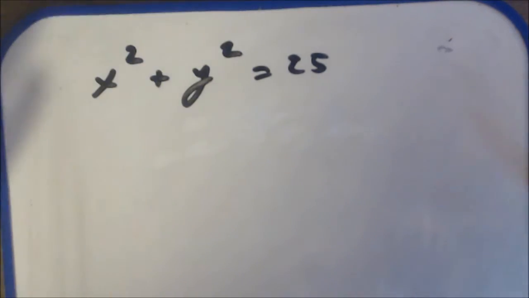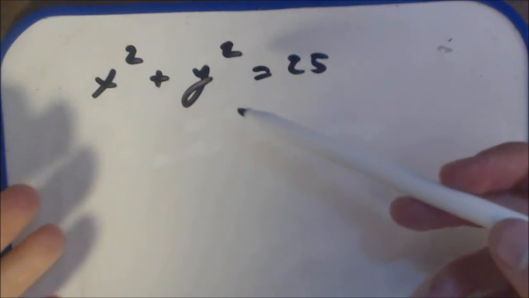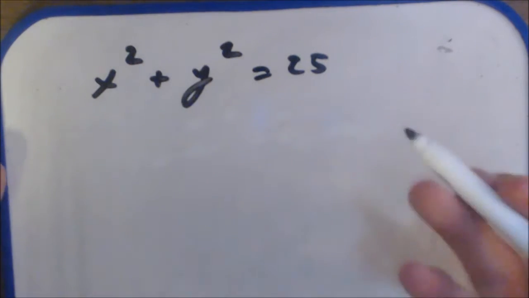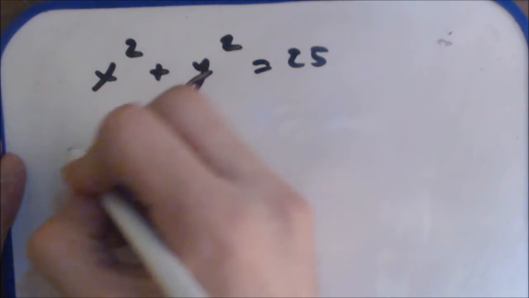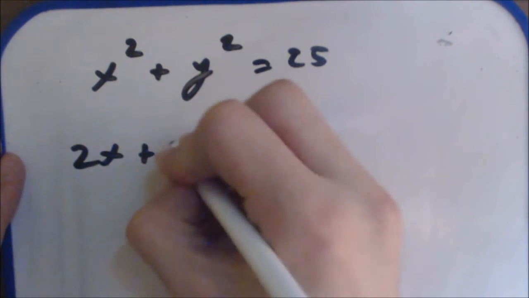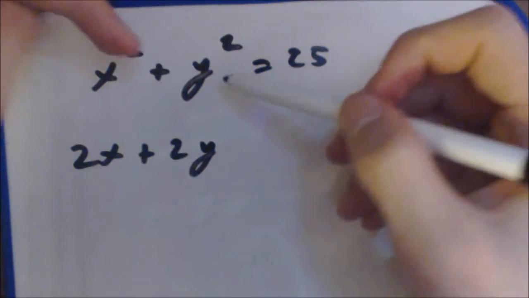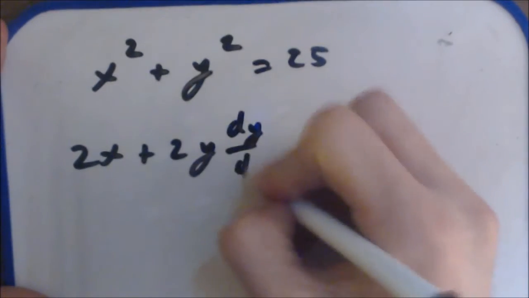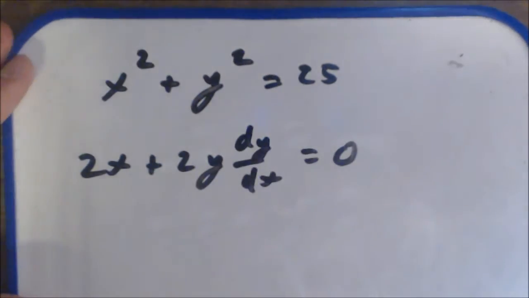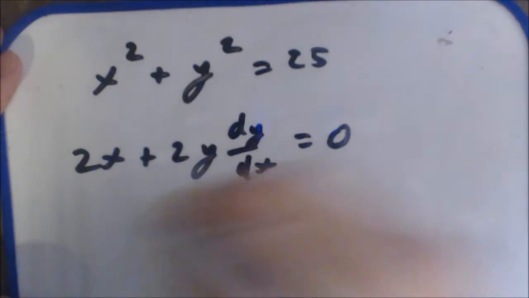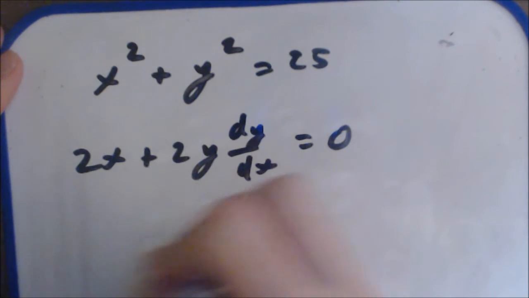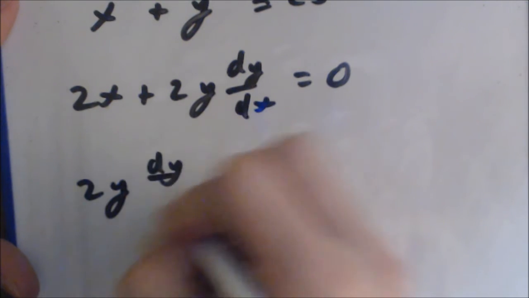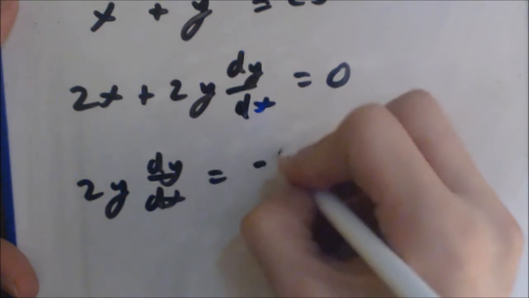Since I already showed you the more complicated example, this one's super easy. Just using the power rule for both of these, we're left with 2x plus 2y. But wait, since we took the derivative of y, we need to add a dy dx. It equals 0. Then we bring the 2x over, so 2y dy dx is equal to negative 2x.